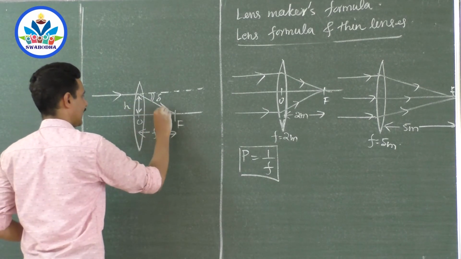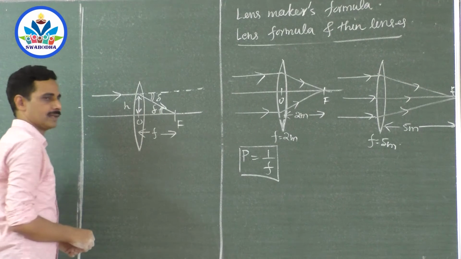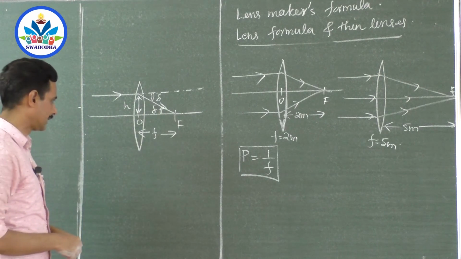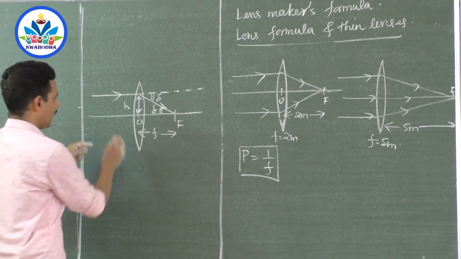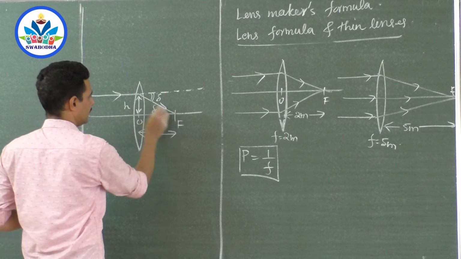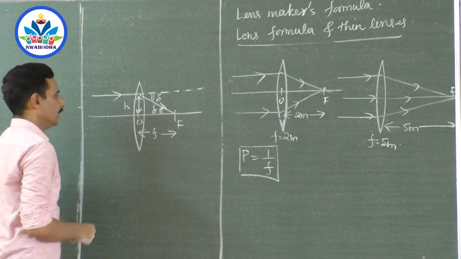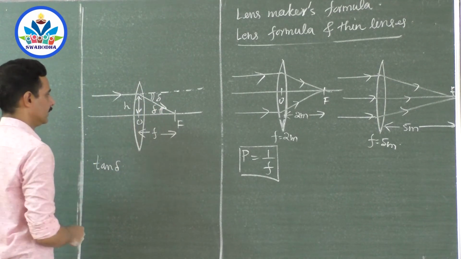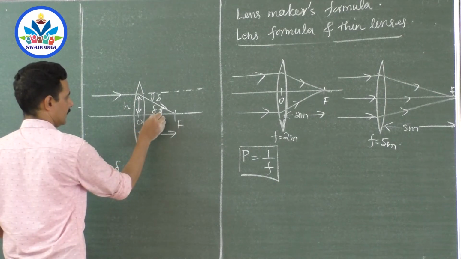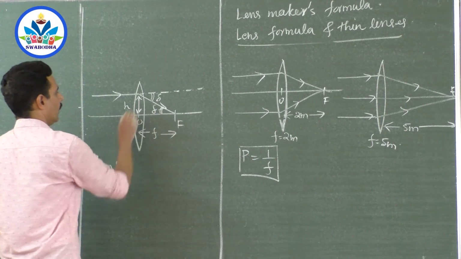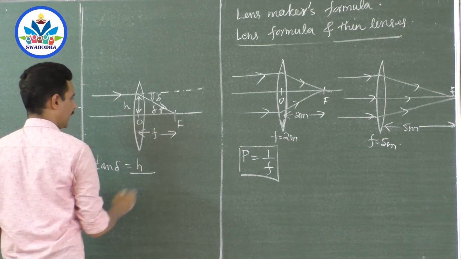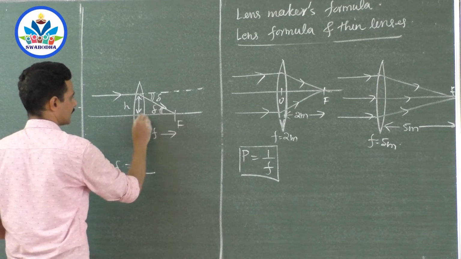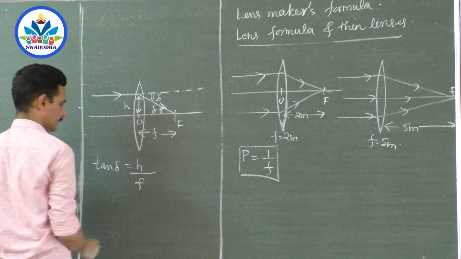Now, can I take this angle as delta? It is also delta, alternate angle, parallel lines and a bisector, delta. Now, what is tan delta? If you take this, tan delta is opposite side by adjacent side, focal length.